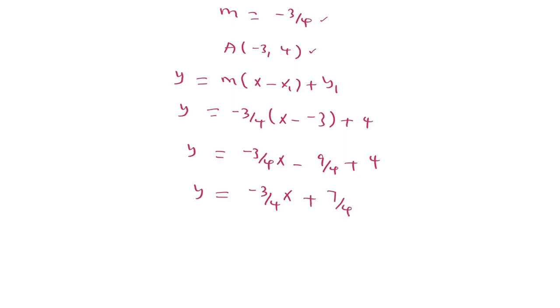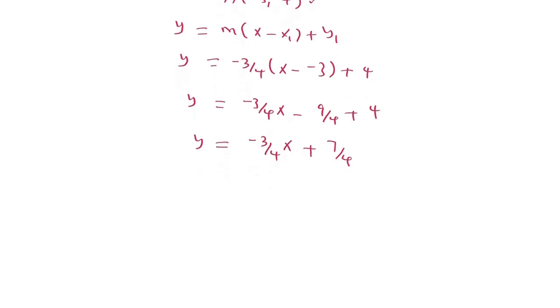Now let us multiply by 4 on both sides. Then our equation is 4y equals negative 3x plus 7. Now let us rearrange this equation. Then we have 3x plus 4y minus 7 equals 0, and this is our answer.